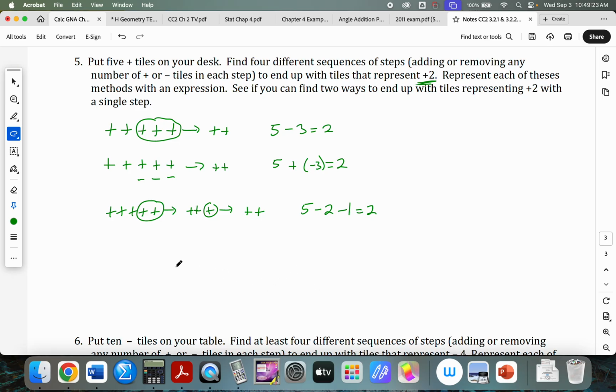We could do combinations. We could start with 5. We could add on 2 negatives. That would leave us with 3. And then we could subtract a positive.